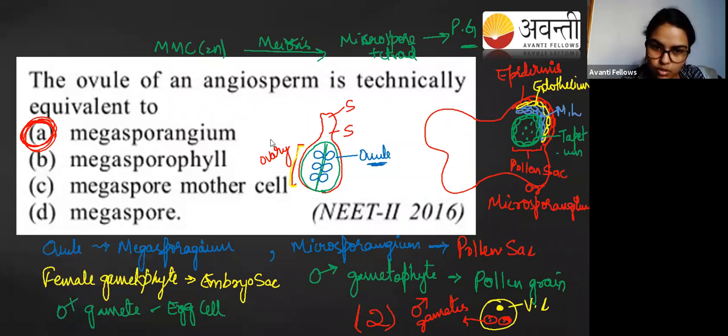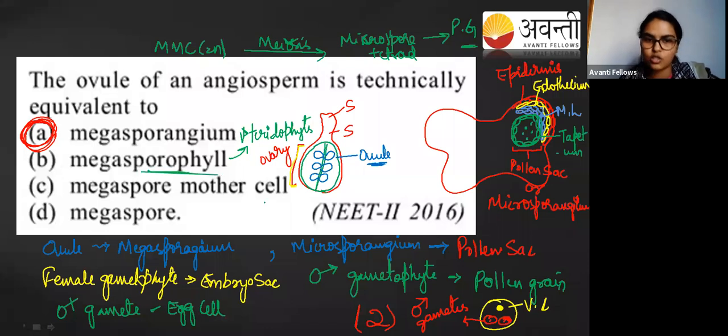So there you use it in plants only. Still, megasporangium is also used in plants, but specifically this fill is used in the lower plants, like pteridophytes, gymnosperms and other lower plants. So there sporophylls arise.